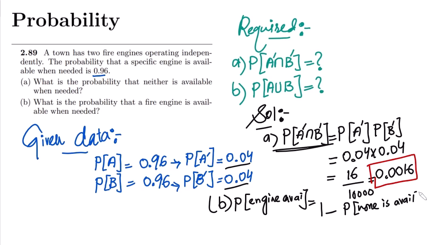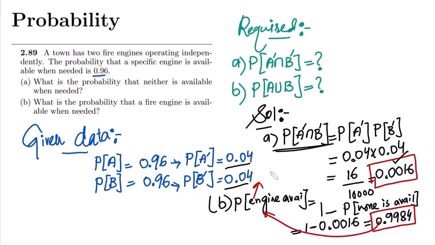Okay, so now we know that in order to find that none is available we have already found out its probability here. So let me write it here, and it would be 1 minus 0.0016. It would be 0.9984. Okay, so this is the solution of part B, where this one is the probability that A or B or both of them are available.